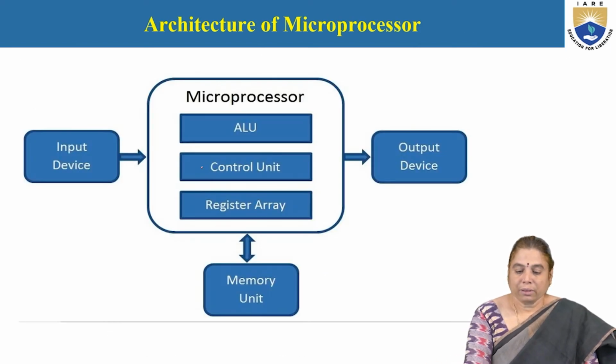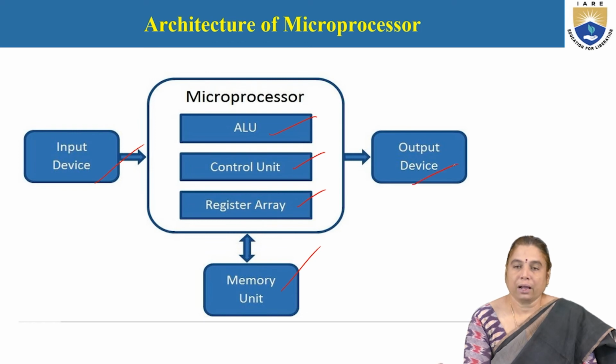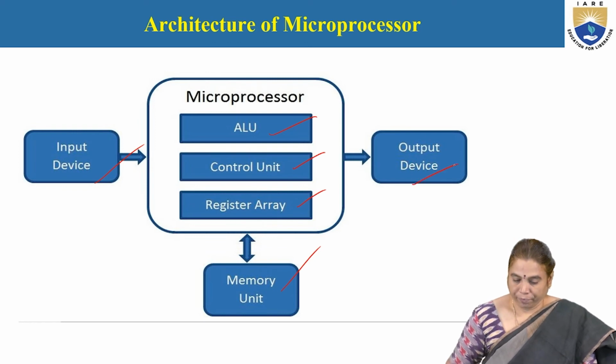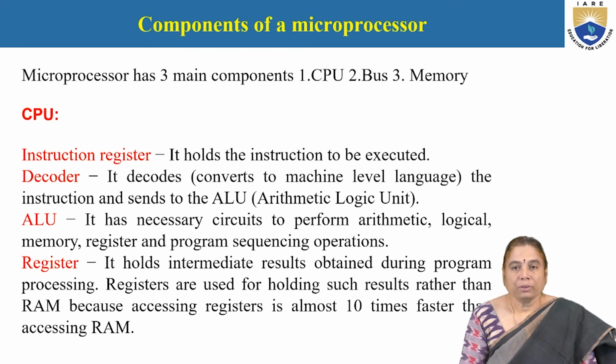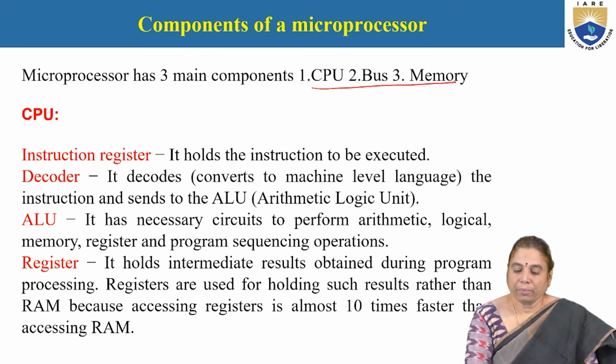Here also the architecture has an input device. The microprocessor can perform the processing with the help of the ALU, control unit, register array, and in association with the memory unit and the output device. The basic components of the microprocessor are the CPU, bus, and the memory.